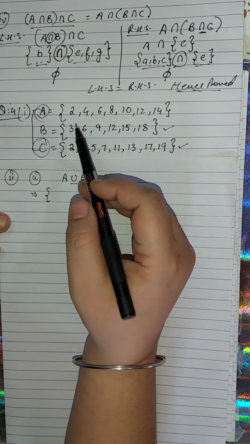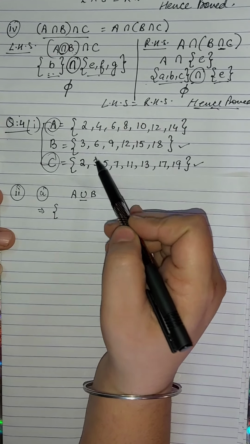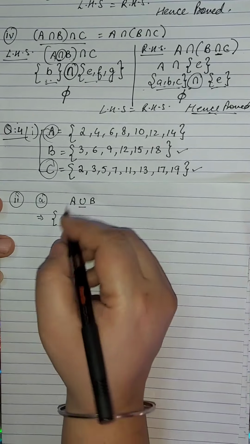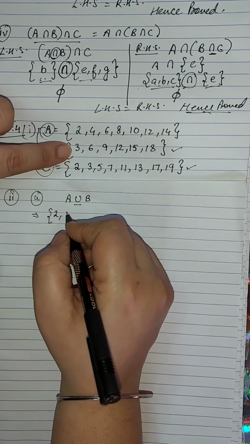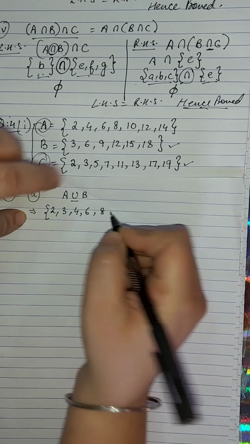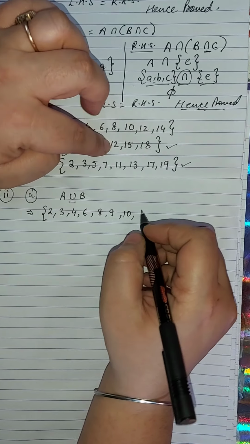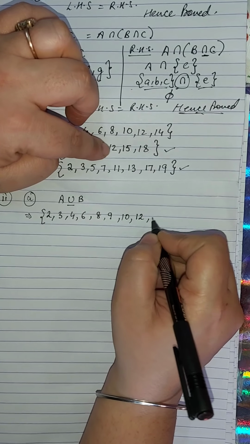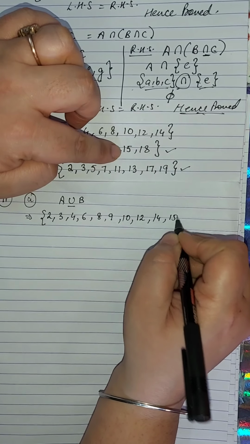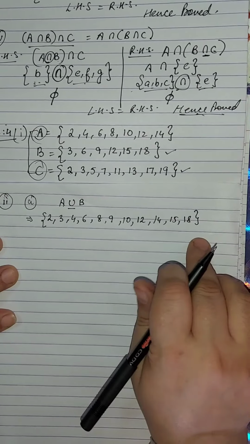All the elements, and the one which is repeating we have to take only once. So 2, then come 3, 4, 6, 8, 9, 10, 12 is there in both these sets, so we'll take it once. 14, 15 and 18. So we have combined this.